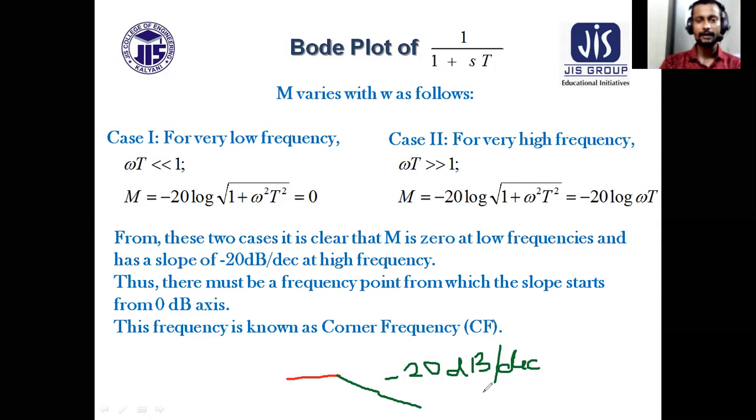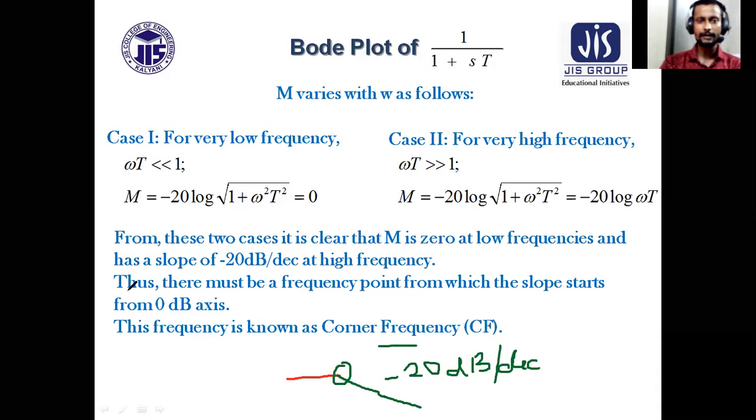So from this we can easily conclude that there must be a certain frequency at which the zero slope is changed to minus 20 dB per decade slope. Again I am repeating, the magnitude is zero, which is shown by red, at very low frequency, and at very high frequency this magnitude will have minus 20 dB per decade slope. So there must be a certain frequency at which the slope gets changed. This frequency is known as corner frequency.